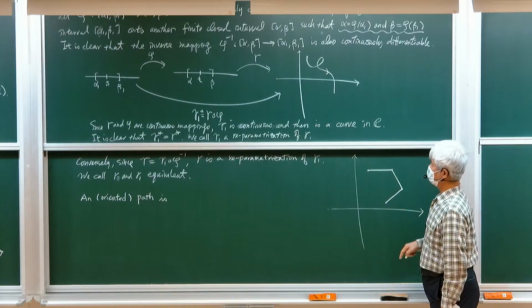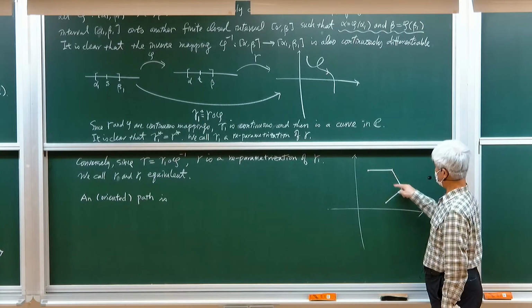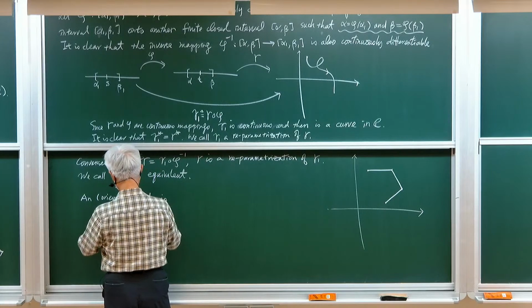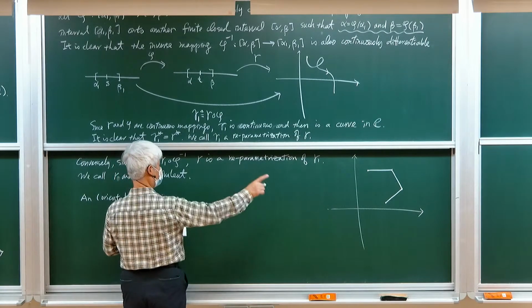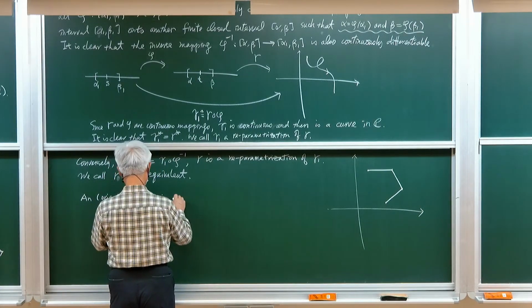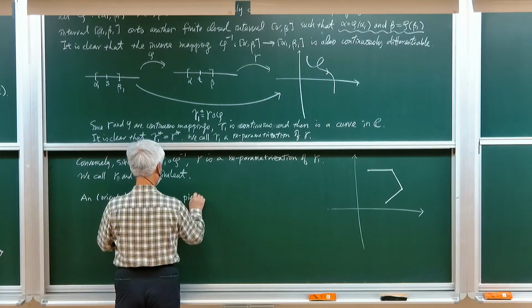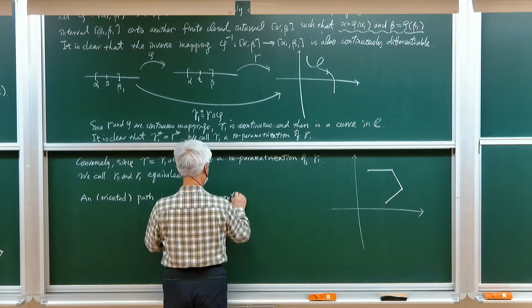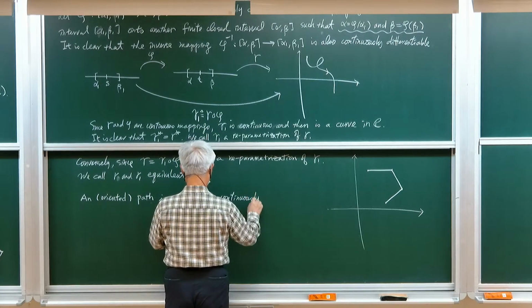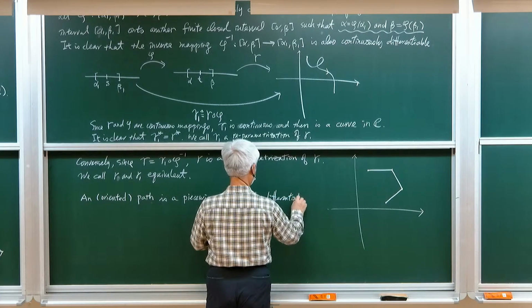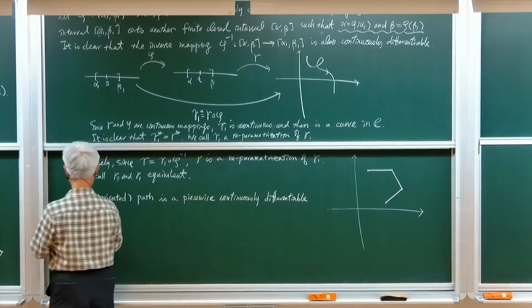All right. But it's very common to consider a curve like this one. So we will define that. We will say this is a path, at least. So an oriented path is a piecewise continuously differentiable oriented curve.